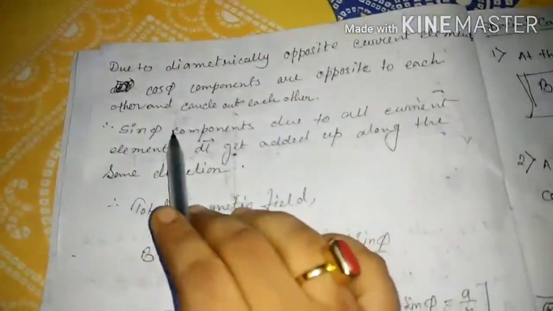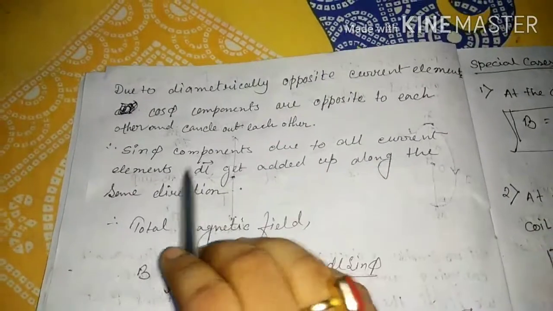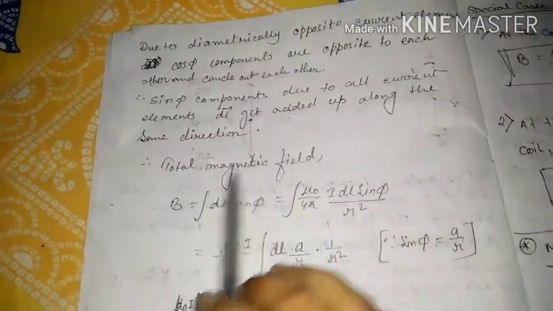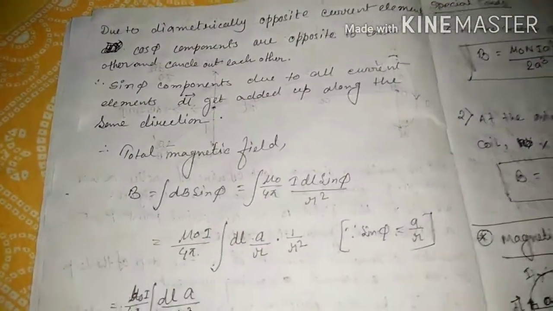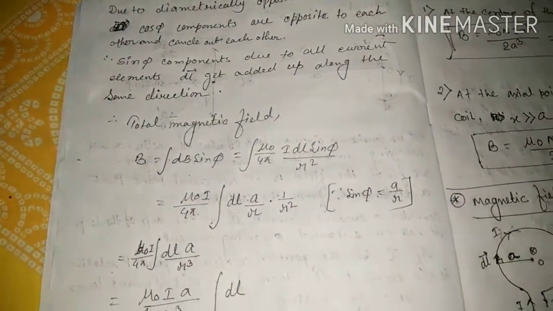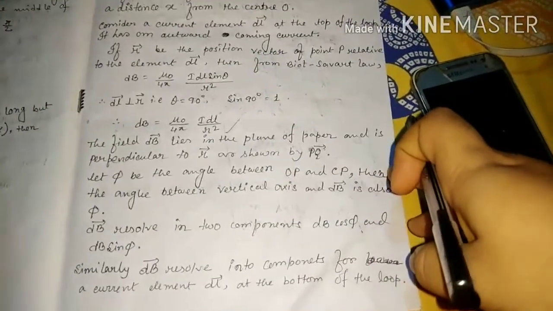So the sin phi components due to all current elements dl get added up along the same direction. So total magnetic field B equals the integration of dB sin phi. If we put the value over there, I will get the dB expression from here. Is it clear to everyone?